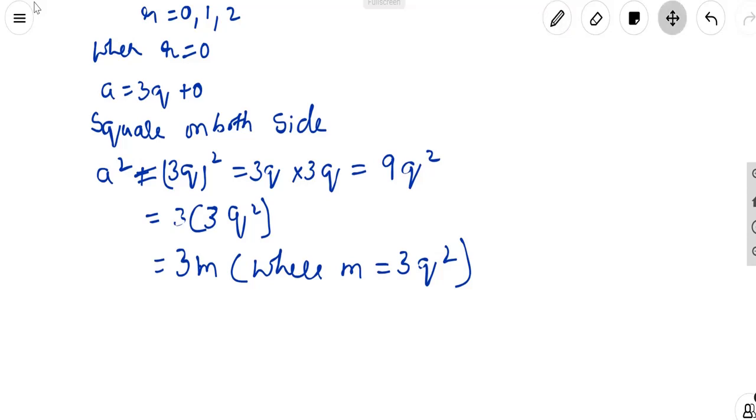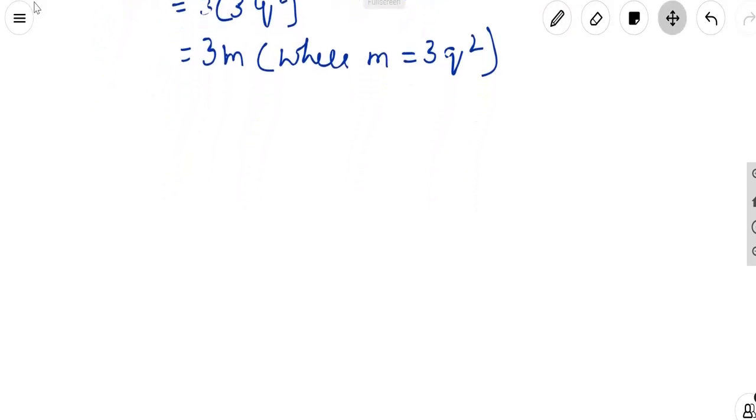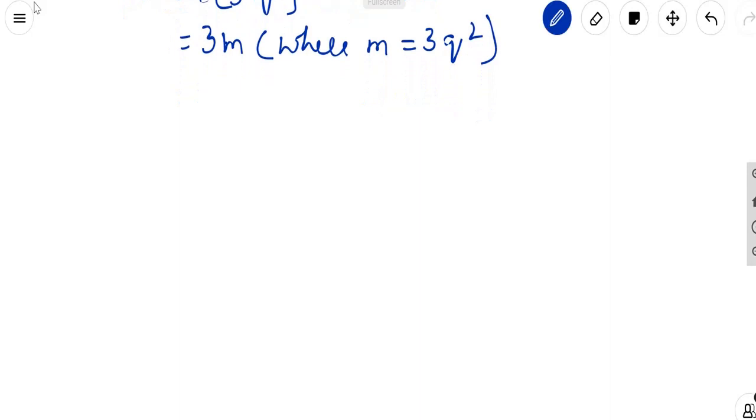Okay, so we'll go for the second condition. The second case, or I can write it in terms of cases, or I can write when r is equal to 1. So the equation becomes a is equal to 3q plus 1. What we have to do is square on both the sides.